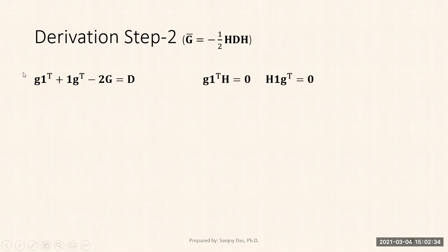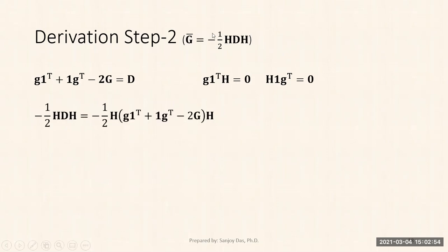So this is what I have so far. This is the result that I got from step 1. And now I just showed that G1 transpose H equals 0 and H1G transpose equals 0. Now I'll prove this.